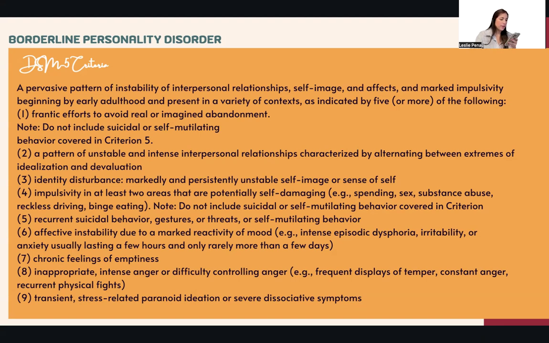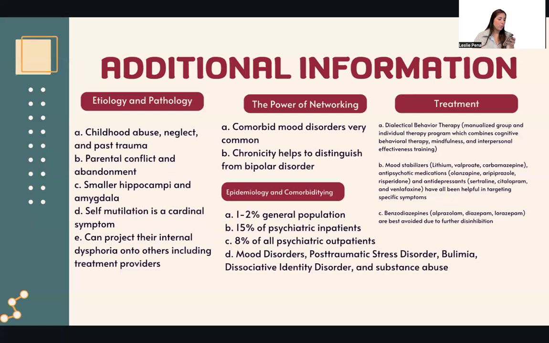One of the ways we help them is by enhancing emotional regulation skills, developing healthier coping mechanisms, addressing underlying trauma, and using dialectical behavior therapy or trauma-focused cognitive therapy, which have been effective in helping. So that's some info on that.